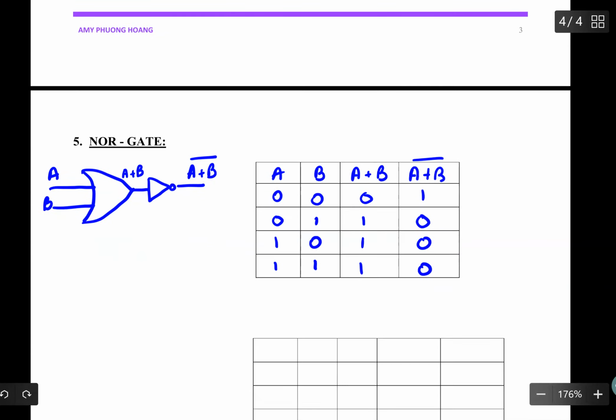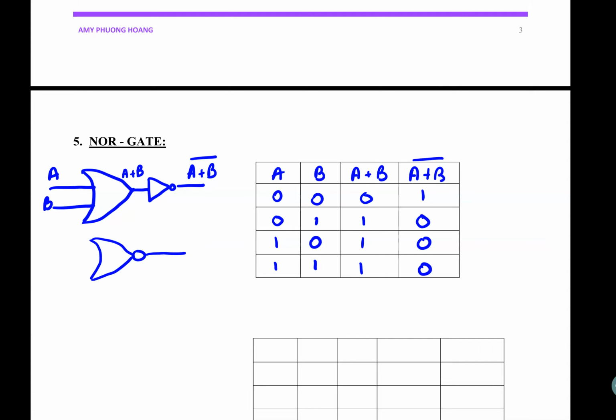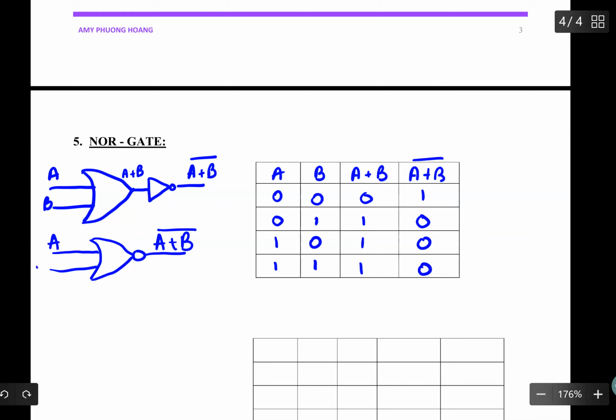Another way to draw this NOR gate is to put a circle here instead of the inverter. I can draw it like this. Make sure we label all our inputs, and we should always start with an A.